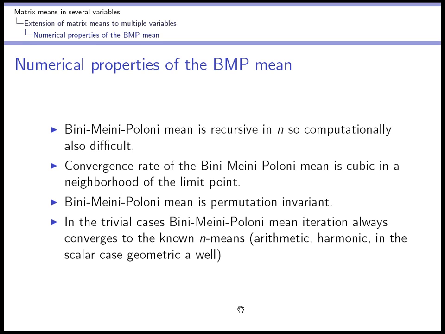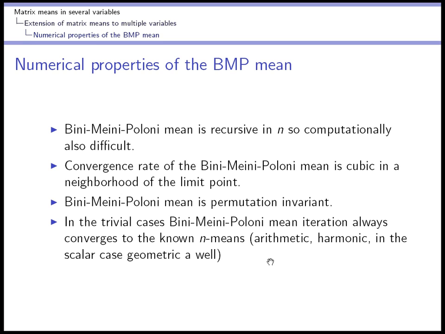But anyway, this mean is also permutation invariant, like the Ando-Li-Mathias mean. And in the trivial cases, we again get back the corresponding mean functions. Although I have to note that in the arithmetic mean and the harmonic mean case, the corresponding metric space is Euclidean.